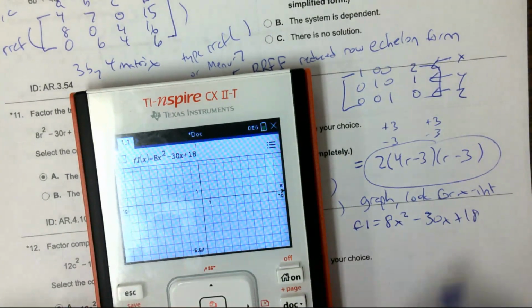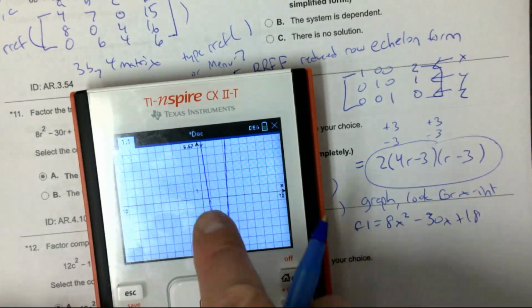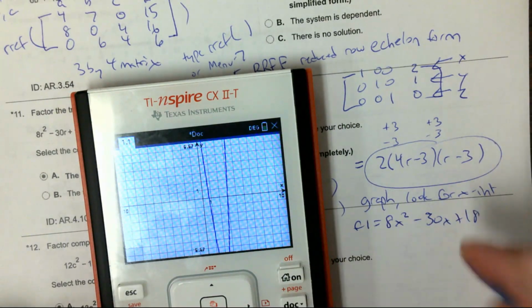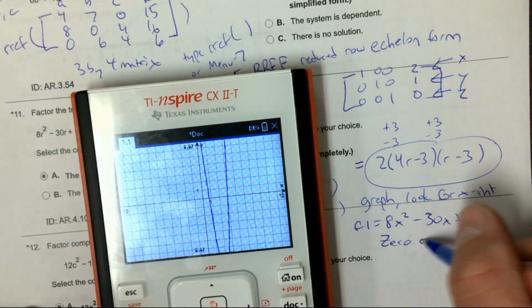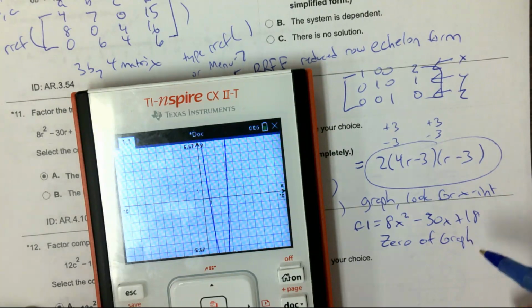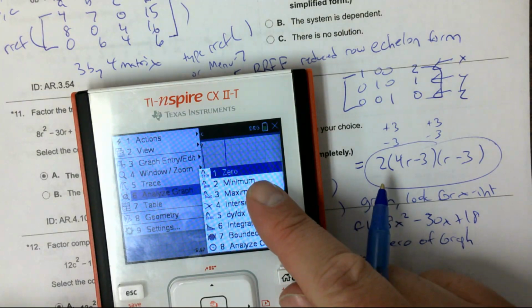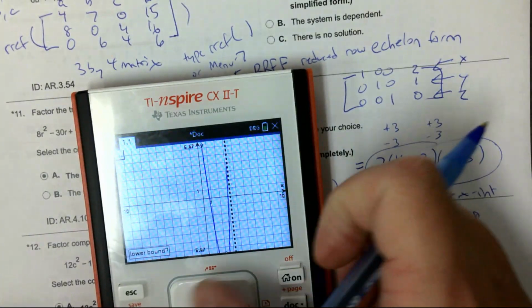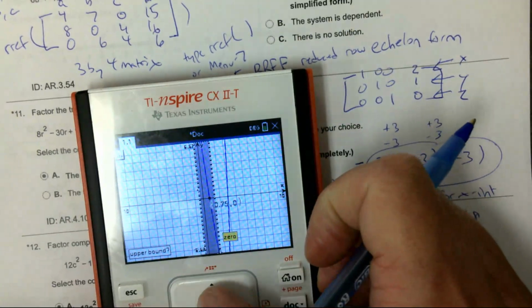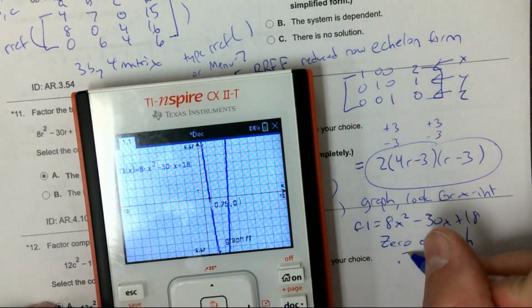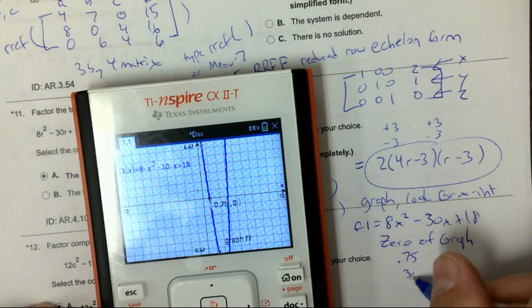Enter. So there you can see where your answers are, and you want the zero of the graph. So that's the first option. The first zero is 0.75, which is really 3/4.